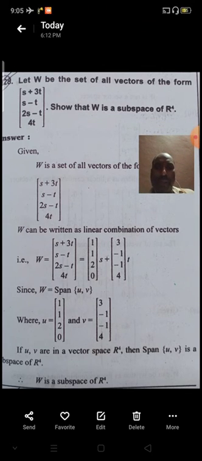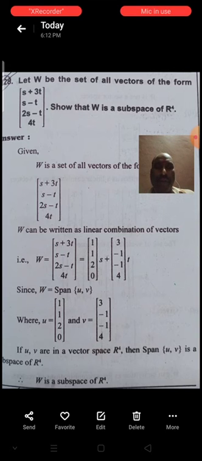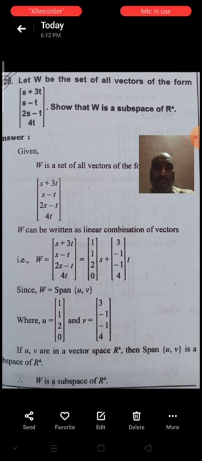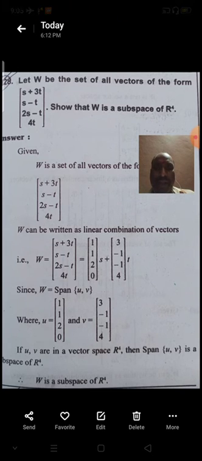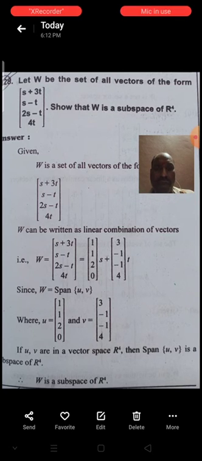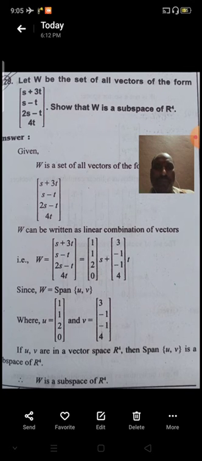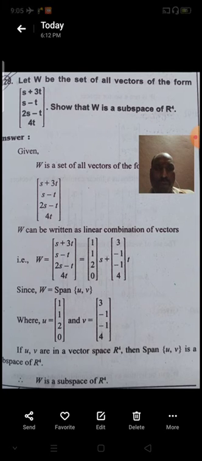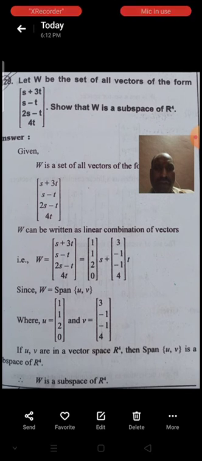W can be written as a linear combination of vectors, that is, W equals the 4 by 1 matrix s plus 3t, s minus t, 2s minus t, 4t, which is equal to s times the matrix (1, 1, 2, 0) plus t times the 4 by 1 matrix (3, minus 1, minus 1, 4).